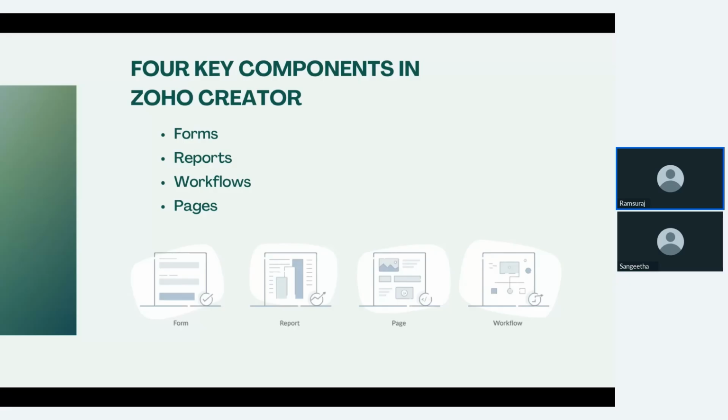The third one is workflows. When you get into workflows, we can automate your logic. We have some logic according to which the form is working. With multiple forms, if you take form one, you fill in the form, and some data from form one will be passed to form two through a lookup.